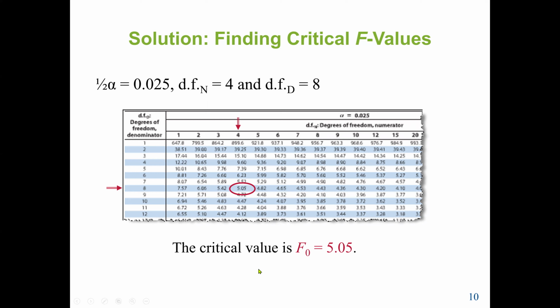So these two examples teach us how to use the F table to find a critical value. Again, we need a degree of freedom for the denominator, degree of freedom for the numerator, and also the alpha value, the level of significance.